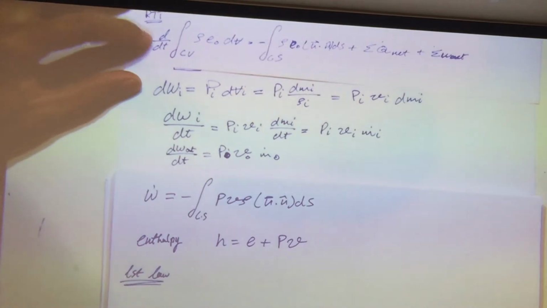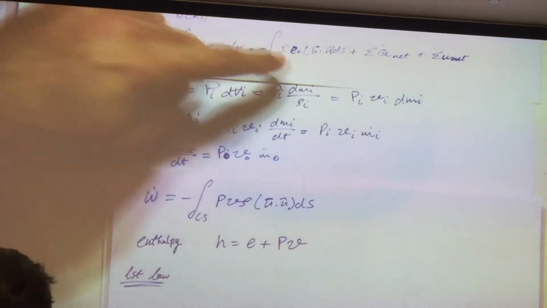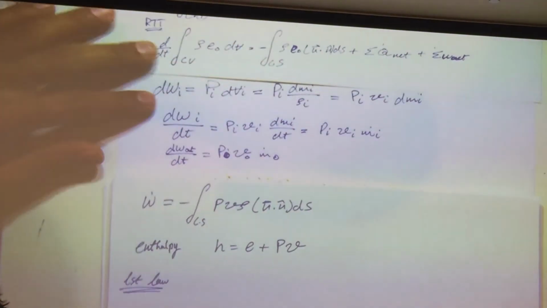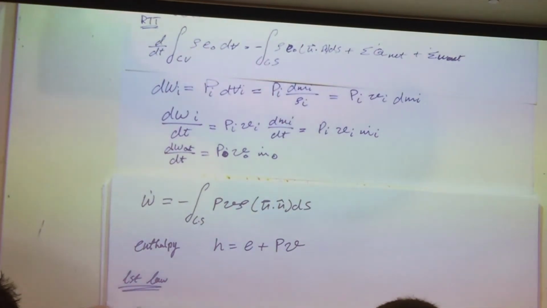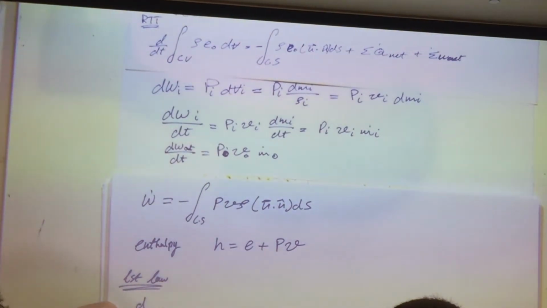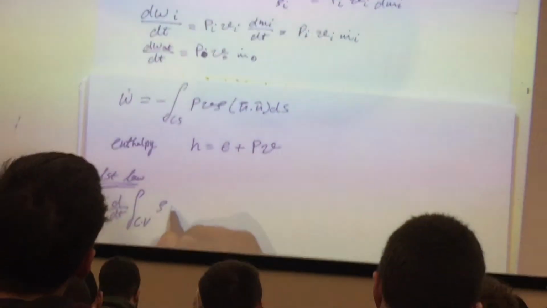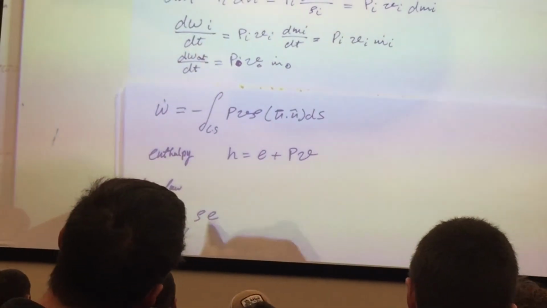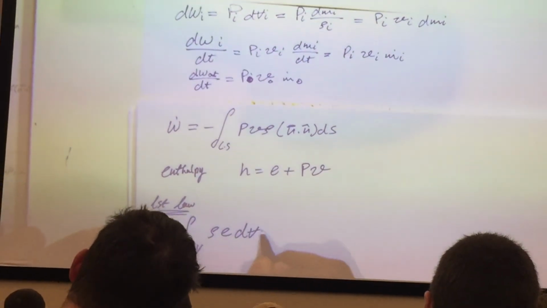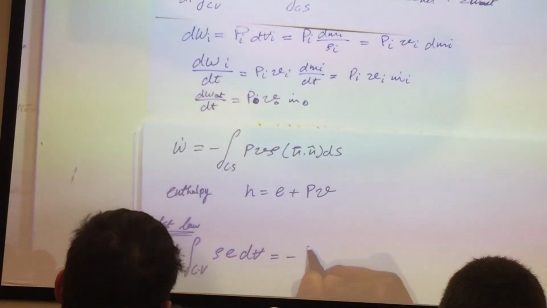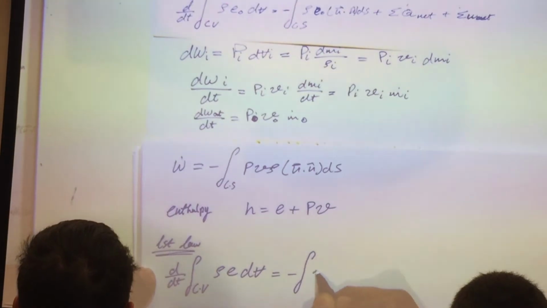This equation right here, I just want to decompose all the terms so I can apply it to a propulsion system. So I'll say d over dt, the integral of my control volume, rho multiplied by my internal energy, times the volume, is equal to minus the integral of rho.